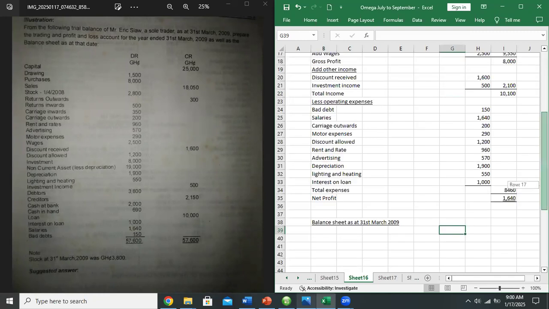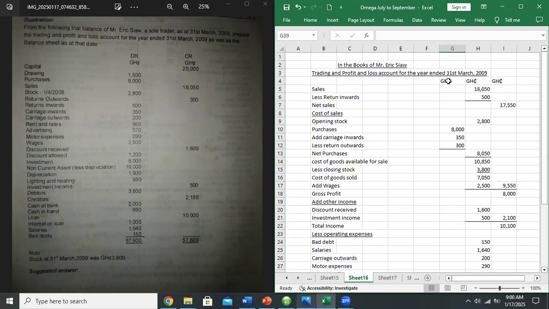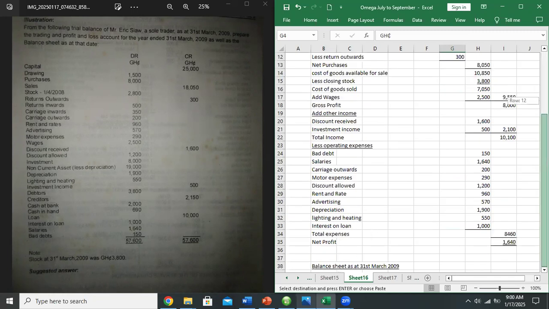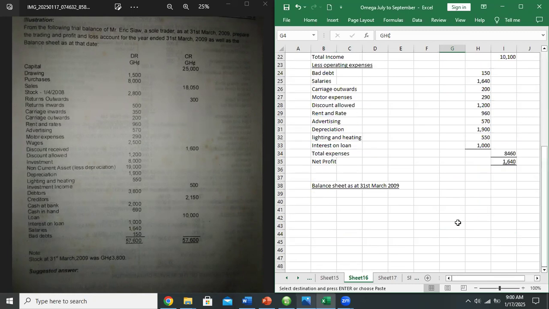So let me go and copy it. Okay, then as you know, we begin with our fixed assets. You show the cost of the assets, depreciation, and net book value, NBV.